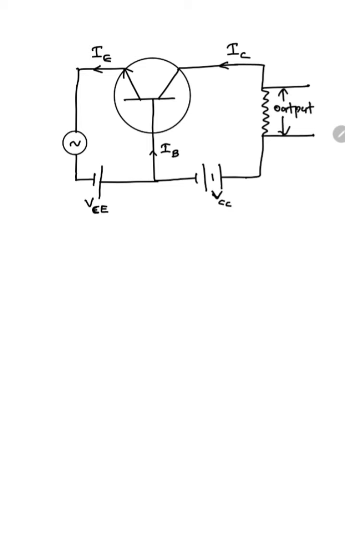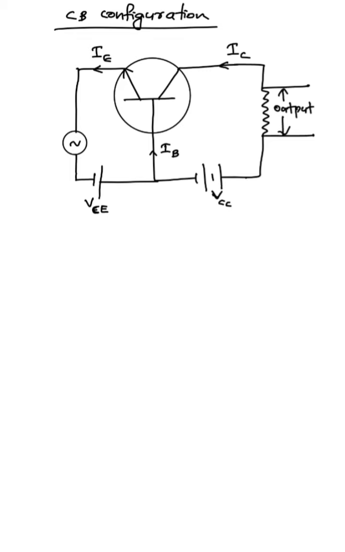So here this is the common base configuration. Here I am using the connection of an NPN transistor. Here the arrow is outwards, so this is an NPN transistor. So in this circuit I have taken an NPN transistor.